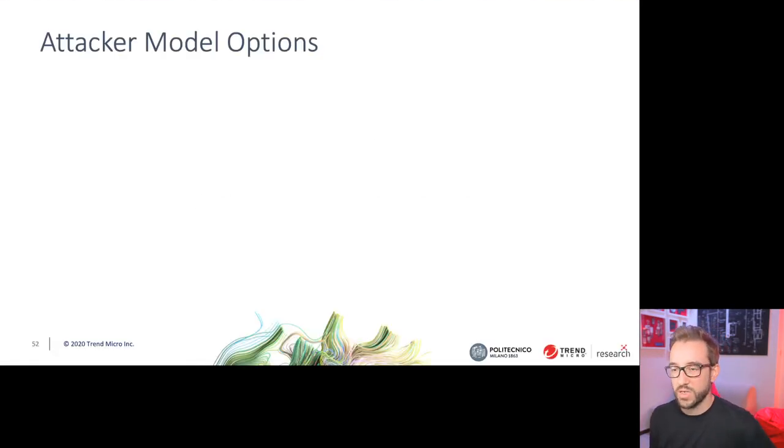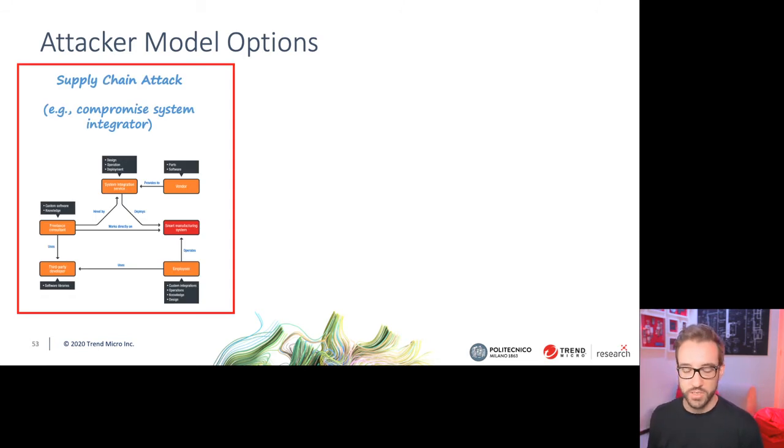The question now is, what options does an attacker have to plant such malware in a factory? Well, the first option is the software supply chain, which we have seen is quite complex. So there are some opportunities, for example, to compromise a system integrator or compromise a library along the chain.